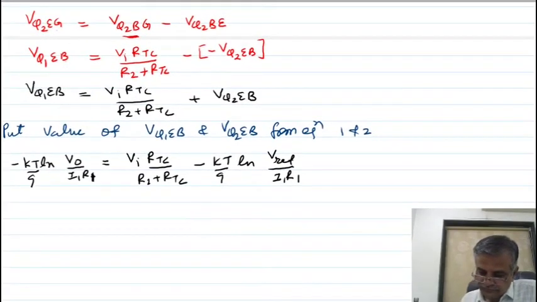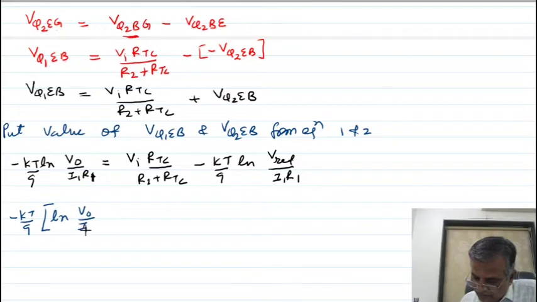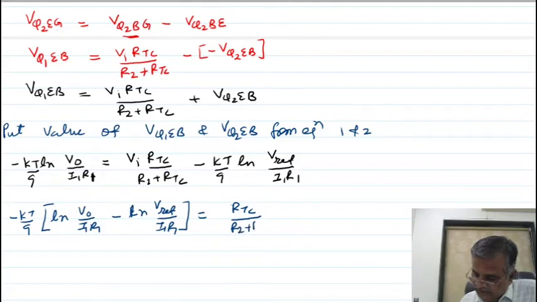Now, so this value I am taking on this side. So minus, this value I am taking on this side. So minus KT by Q will be common. Ln, this is Vo upon I1 into R1 minus ln V reference upon I1 into R1 is equal to, this is RTC upon R2 plus RTC into Vi.